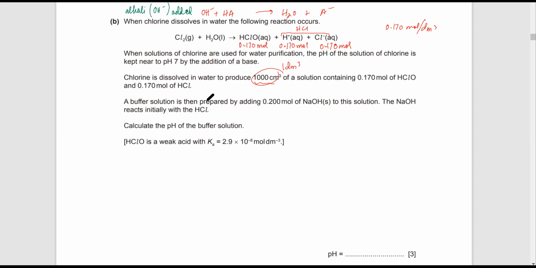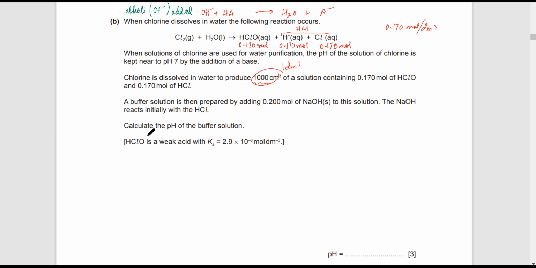The next part is a buffer solution is then prepared by adding 0.2 moles of NaOH to the solution. The NaOH reacts with the HCl. Calculate the pH of the buffer solution. So the NaOH is reacting with HCl.